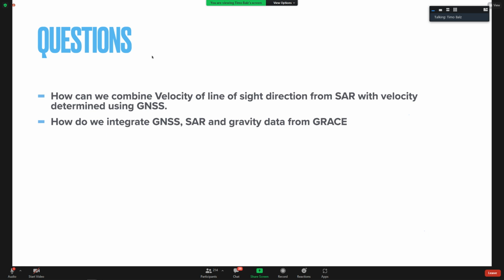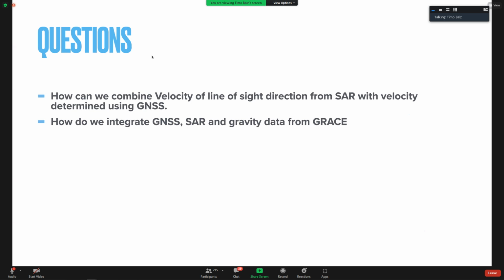Also, a question that is a bit too far ahead. How can we combine velocity from line of sight direction with velocity determined using GNSS? So the combination of the line of sight velocity with, for example, some measurements we got from GNSS.